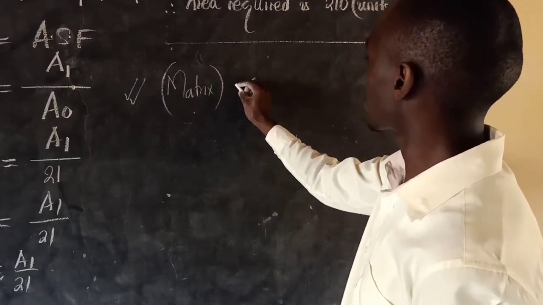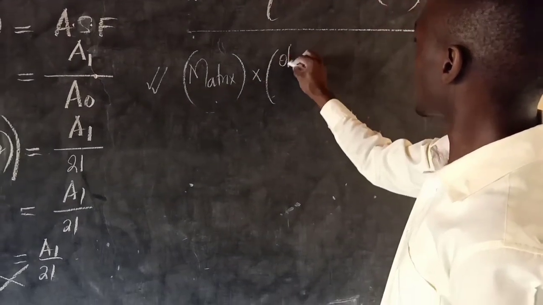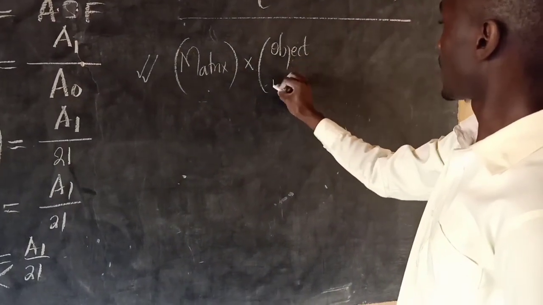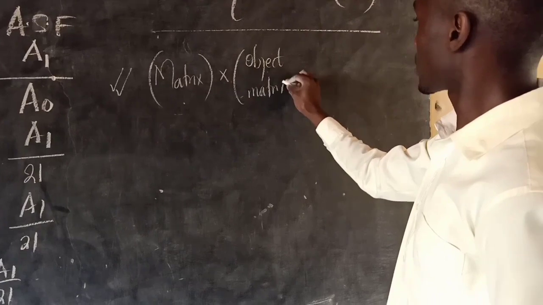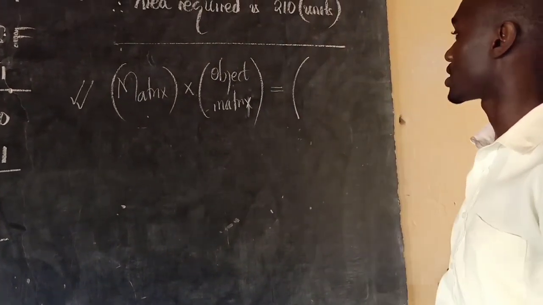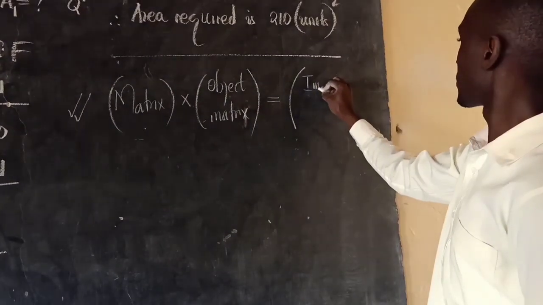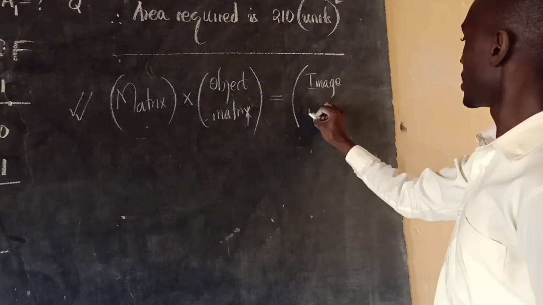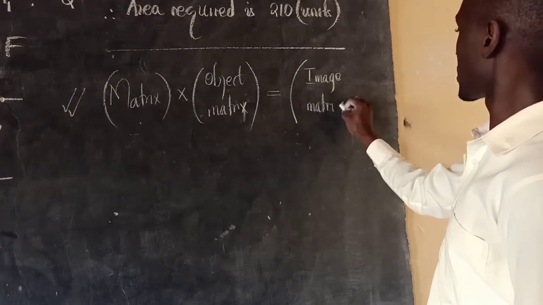Matrix of transformation times the object matrix. The resultant is the image matrix.